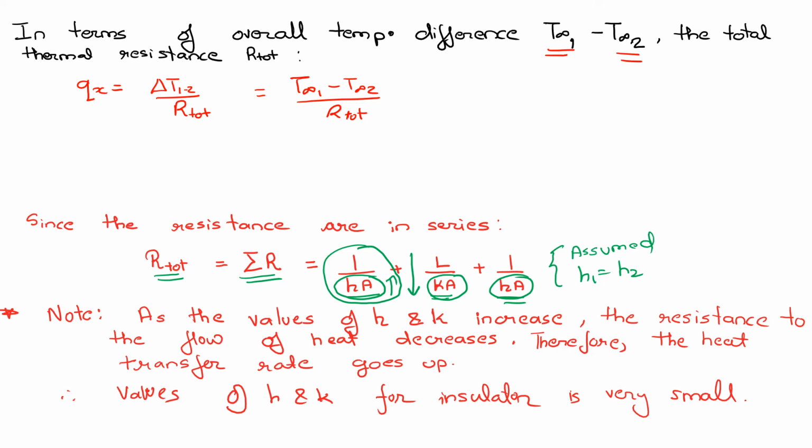Now what that means is that if you have insulation for your thermos or insulation for your house, those materials will have a very low thermal conductivity or heat transfer coefficient, which means that they will have a higher resistance towards the heat flow, and that's why they will not allow the temperature at one end to rise or drop with respect to the other end.